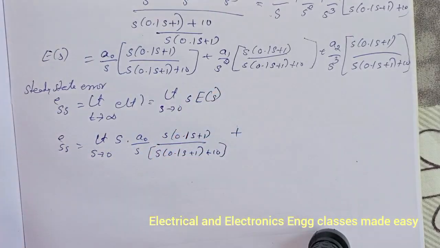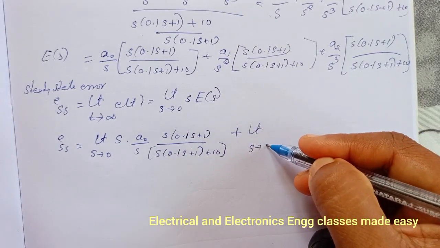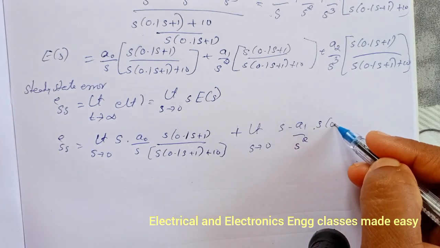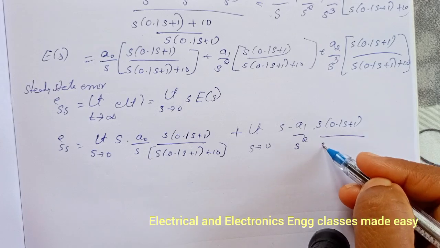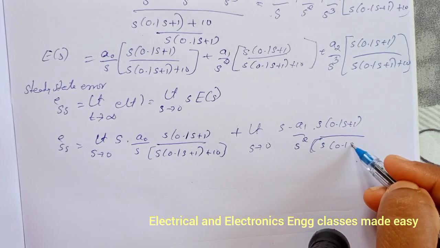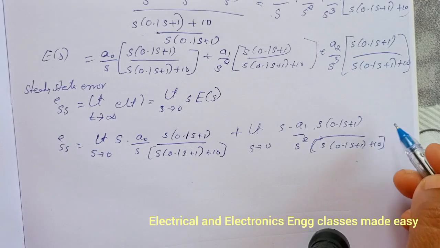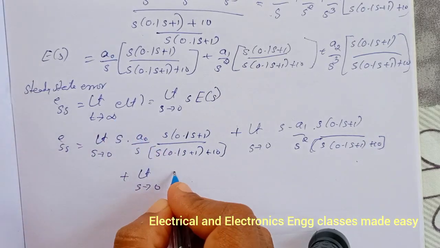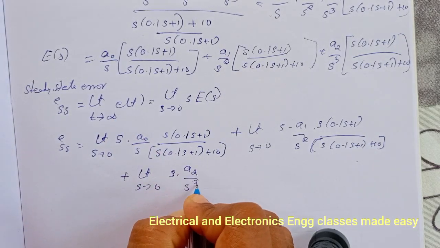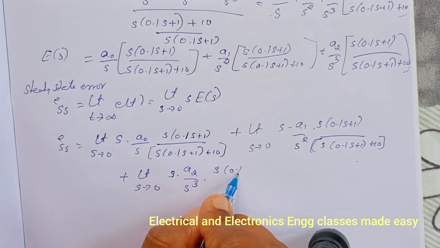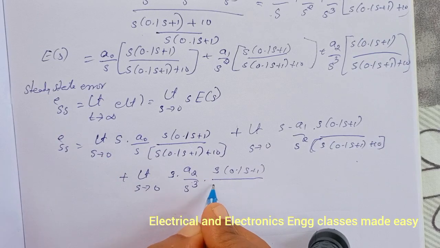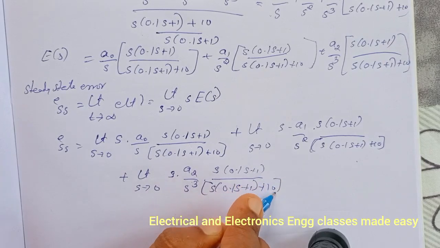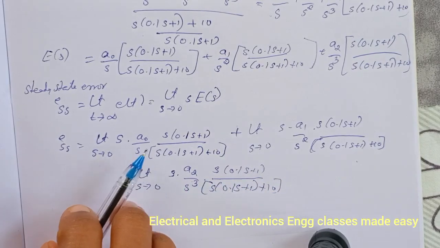Then again here limit S tends to 0 S into A1 by S square into S into 0.1 S plus 1 divided by S into 0.1 S plus 1 plus 10, then plus limit S tends to 0 S into A2 by S cube into S into 0.1 S plus 1 divided by S into 0.1 S plus 1 plus 10. Now we can apply the limit.